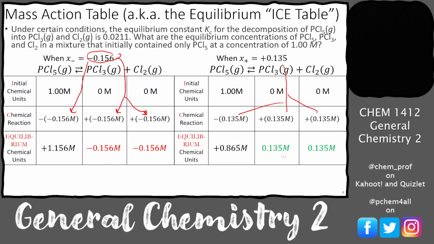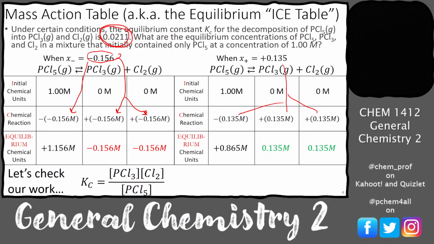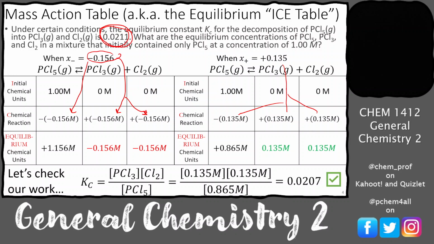We've got our equilibrium concentrations, and we know the equilibrium constant value. So let's calculate the equilibrium constant. Here's our equilibrium constant expression. We put in the numbers from that equilibrium table, and we get 0.0207. That's close enough. It's not exact, but we have rounding, uncertainties and so on. So we got 0.0207. Hey, that's good enough for me.